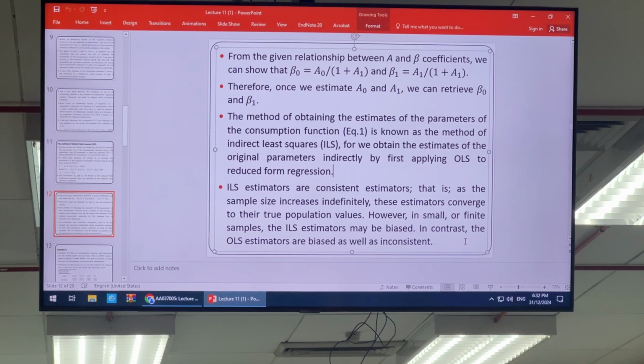In contrast, the OLS estimators are biased as well, so ILS is better than OLS. Even though for small samples it is possible to be biased, it is consistent. So as we increase the sample size, the chance of getting an estimate equal to the true value is higher as compared to OLS.